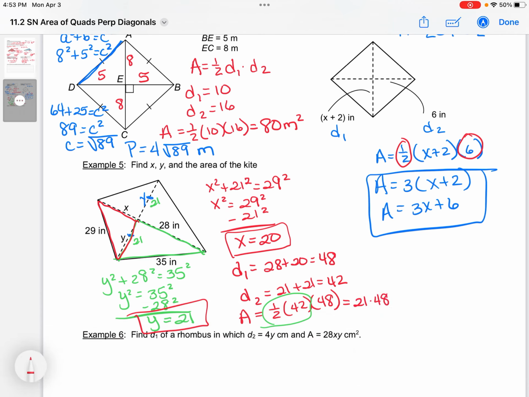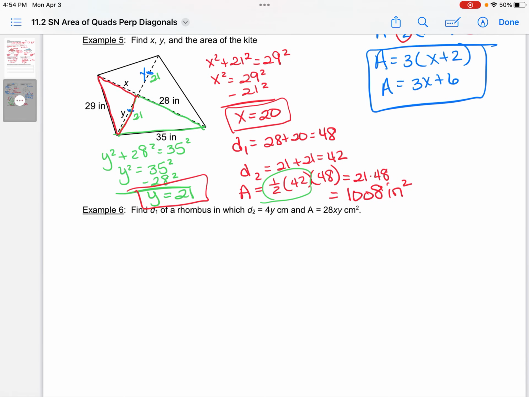So it's going to be 21 times 48. I'll race you to see if you can figure it out before I do. 21 times 48 equals 1008. And the units would be square inches.